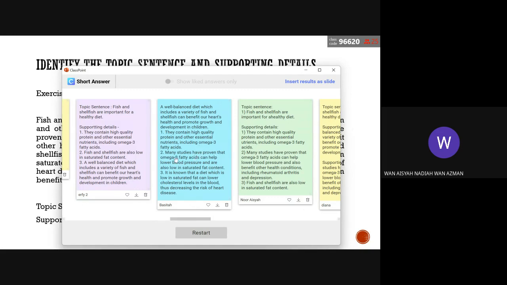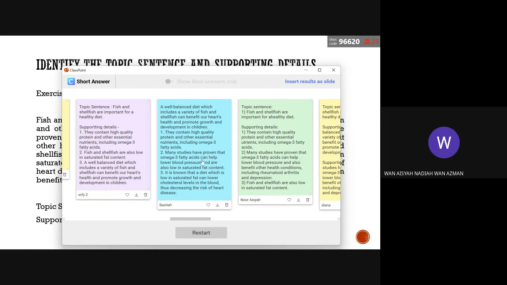Okay, so for this one, it is the description, okay, or the elaboration of the first topic sentence. So for this one, okay, it is counted as the first topic sentence as well. Okay, so this is not the correct answer, okay, for the second supporting detail.